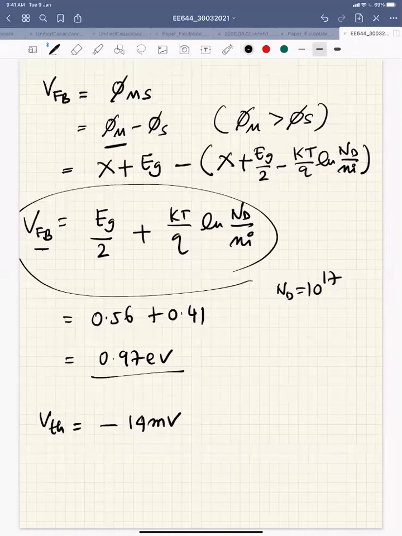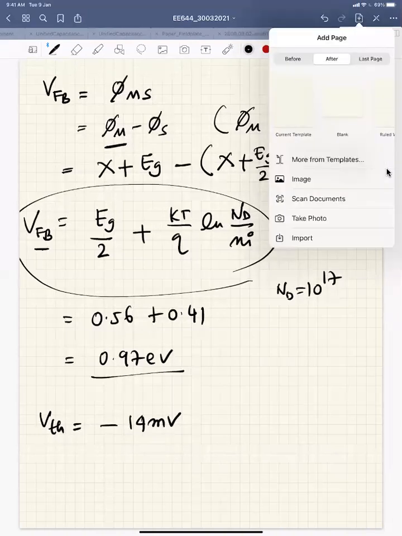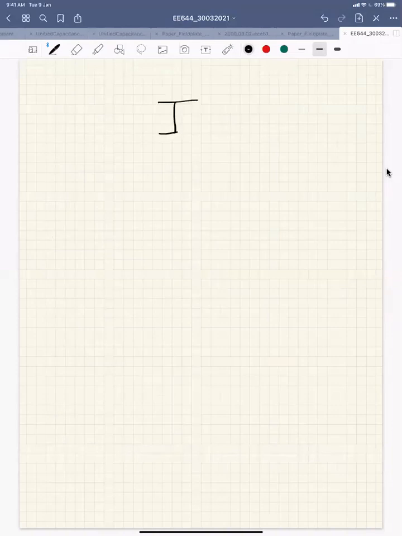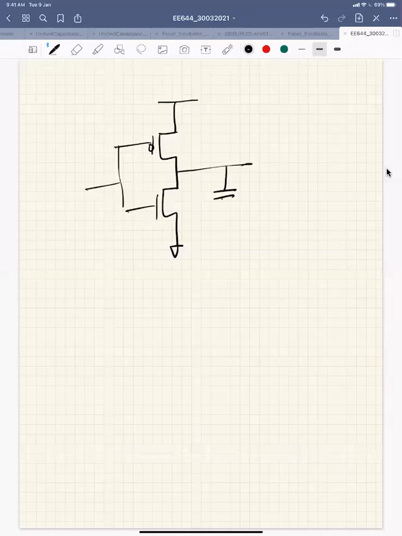If you think of an inverter, we are charging this capacitor.